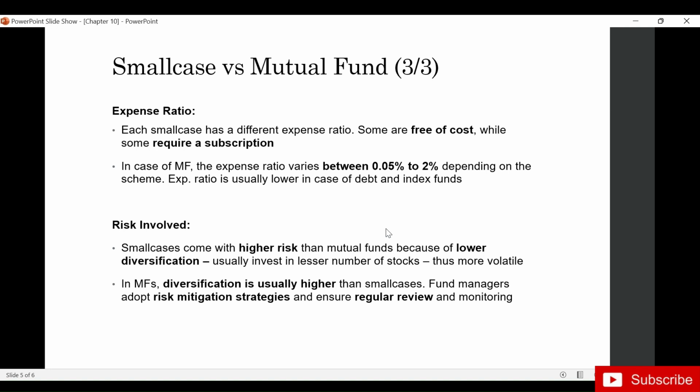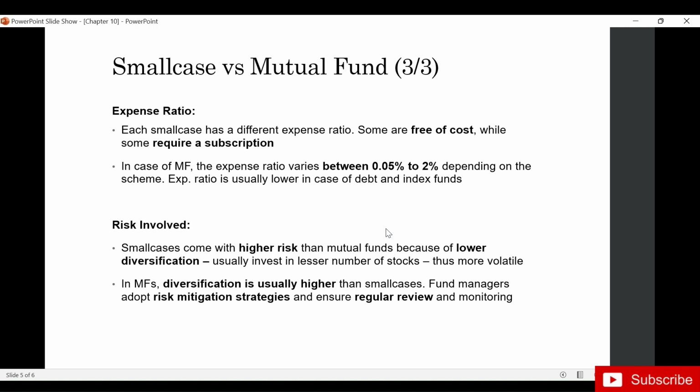The next parameter on which we will compare small cases and mutual funds is the risk involved. Small cases usually come with a higher risk as compared to mutual funds because of lower diversification. Small cases usually invest in a lesser number of stocks as compared to mutual funds, and thus they are more volatile and hence more risk is involved.